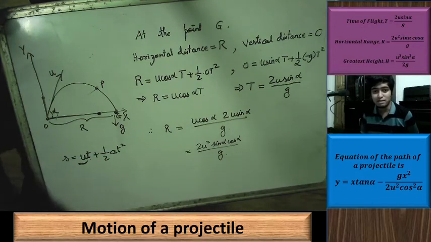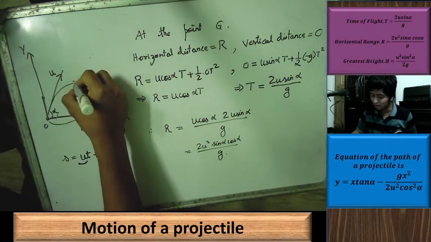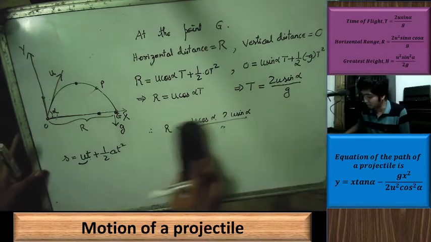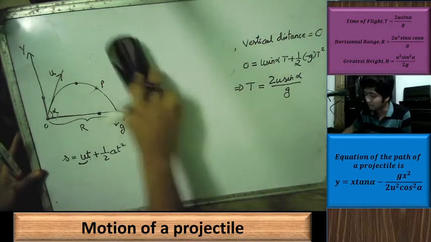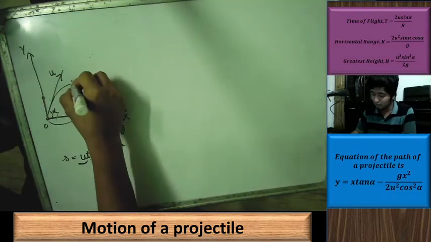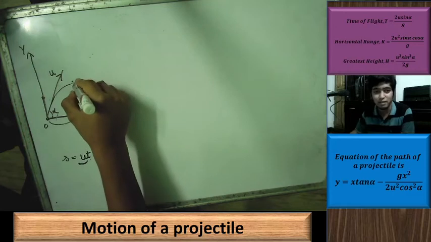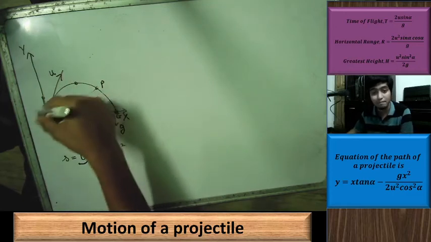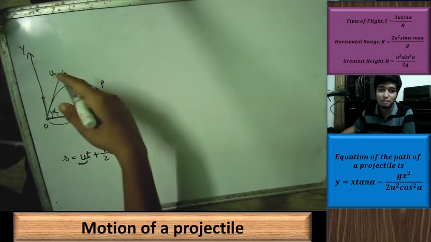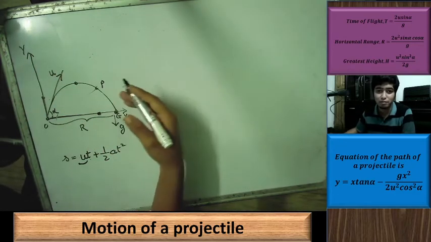What about h? h will be somewhere here, right? Now let us try to derive the expression for h. For the particle to reach from here to here, it will take half of the time. The full time taken is t, so half of the time taken will be t by 2.